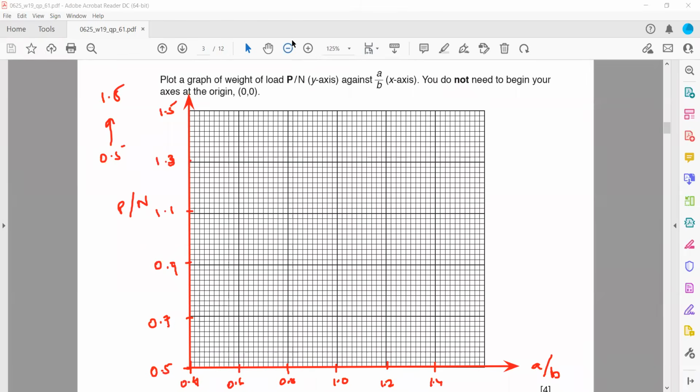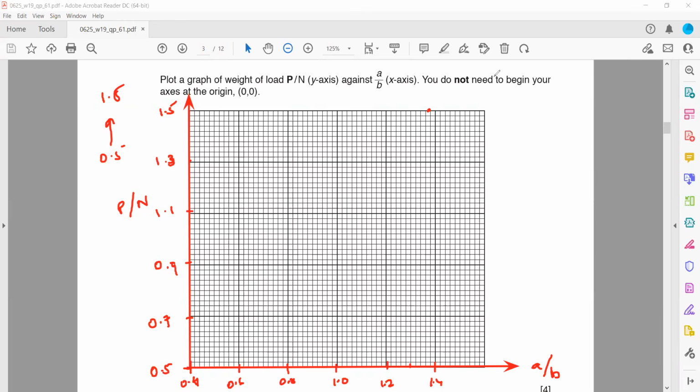Each box is representing 0.02. So the 1.37 will be between 1.36 and 1.38. So this is the first point.